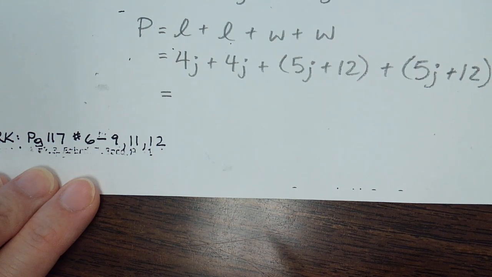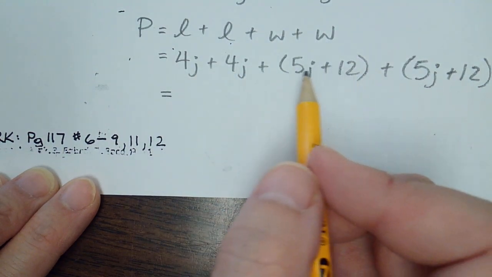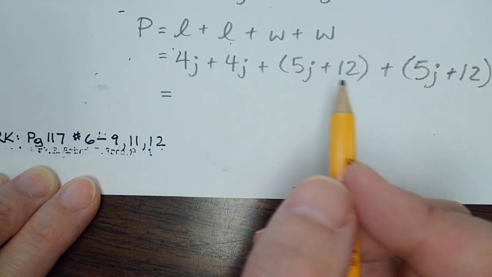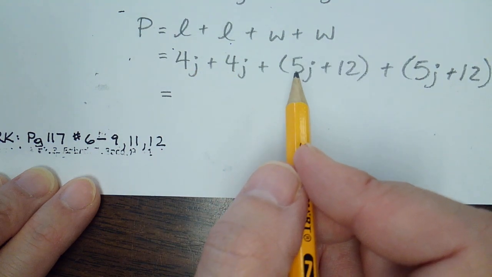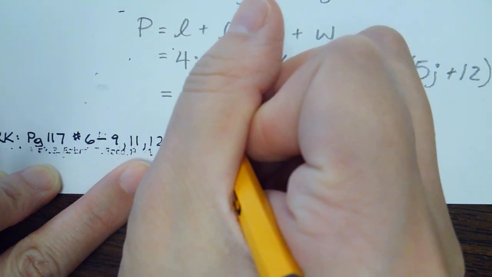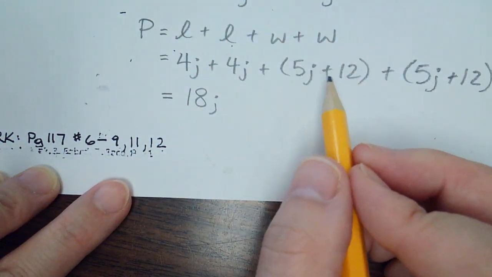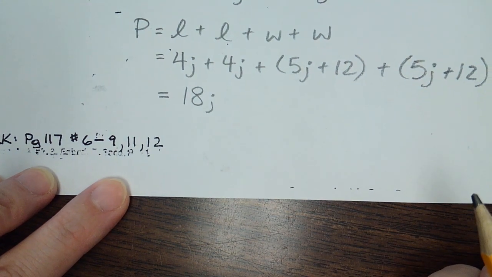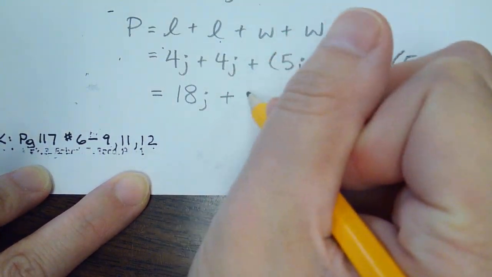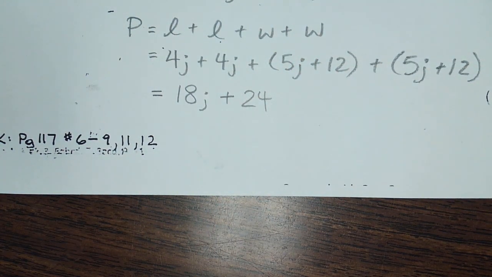Group all the j's together: 4j plus 4j plus 5j plus 5j. 18 what? j. And then the constants: 12 plus 12. 24.